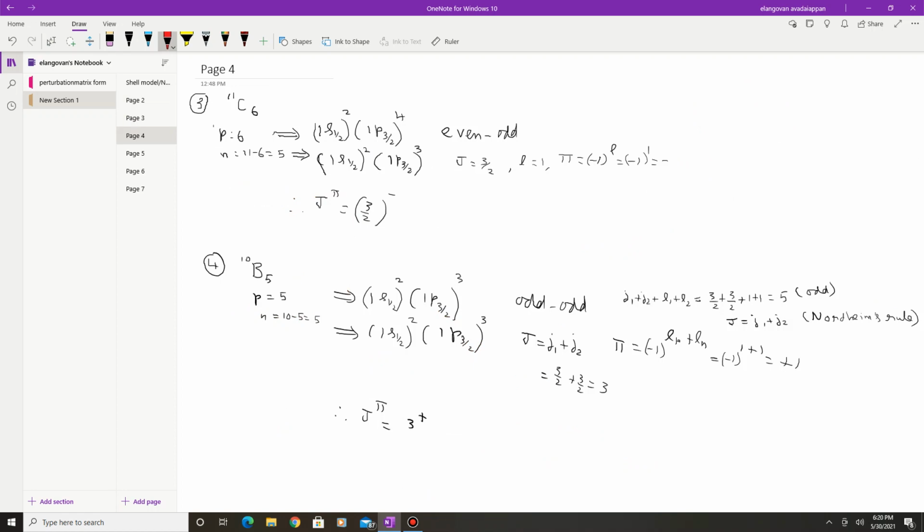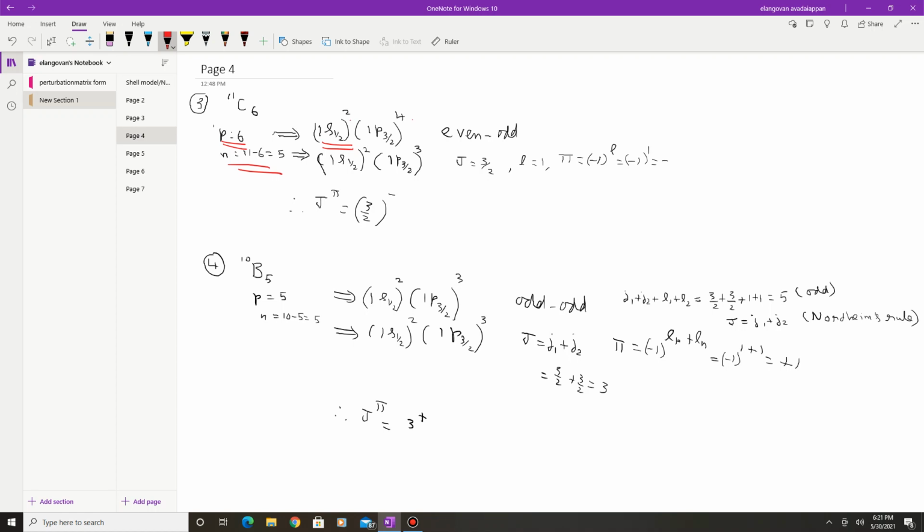Then take the third problem. Take carbon 11. The Z number is 6 and the mass number is 11. So for proton, P is equal to 6 and N is equal to 11 minus 6, 5. Write down the energy level sequence. The first is 1s half, 2, 1p 3 by 2, 4.